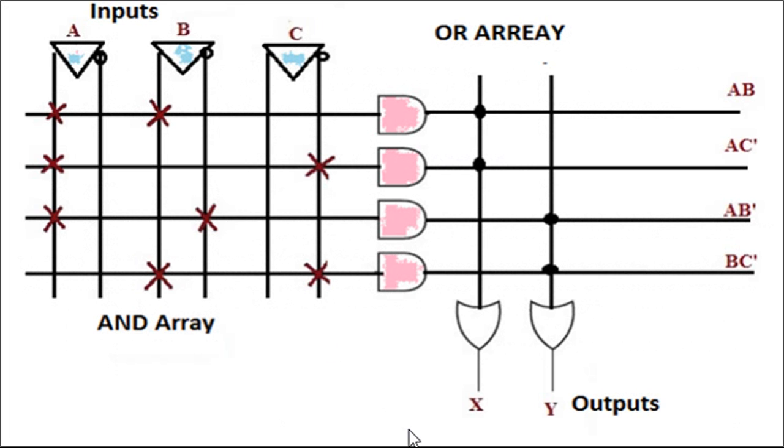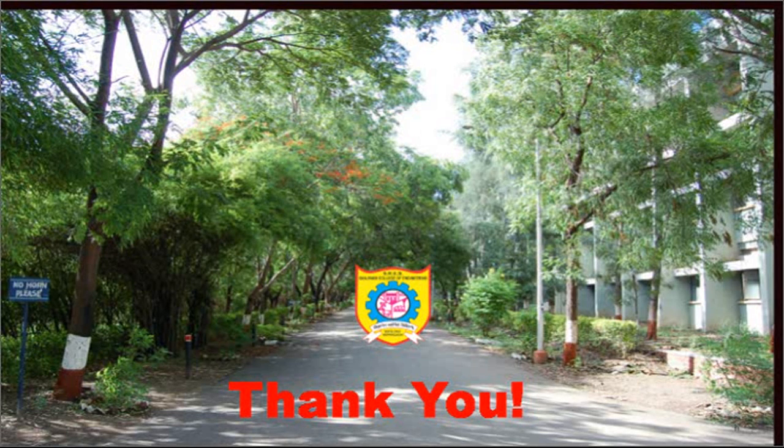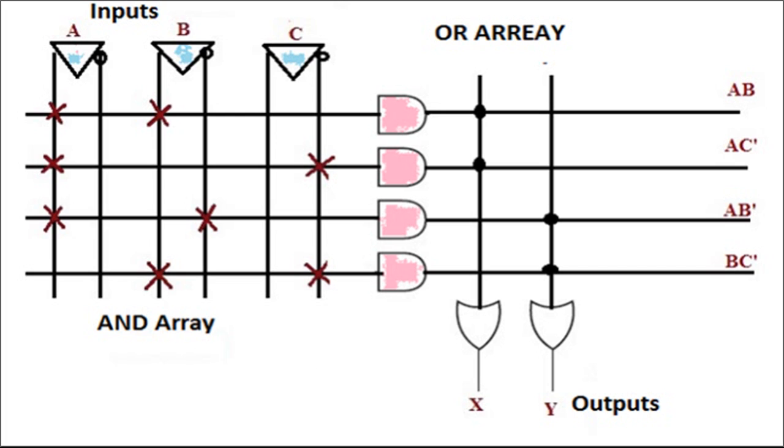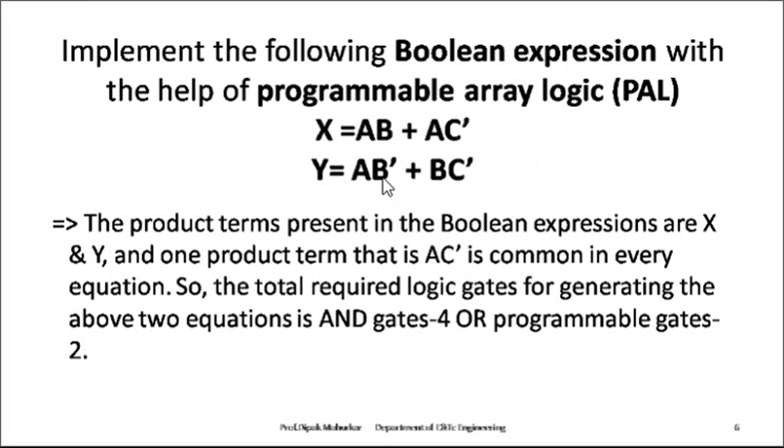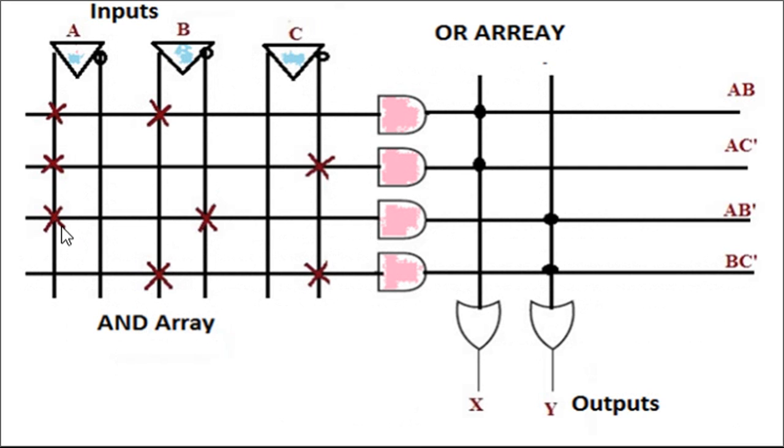AB, AC dash. In the next one it is AB dash, BC, right? AB dash, BC, like this one line.